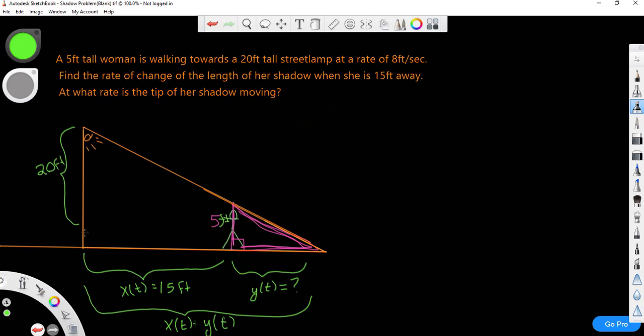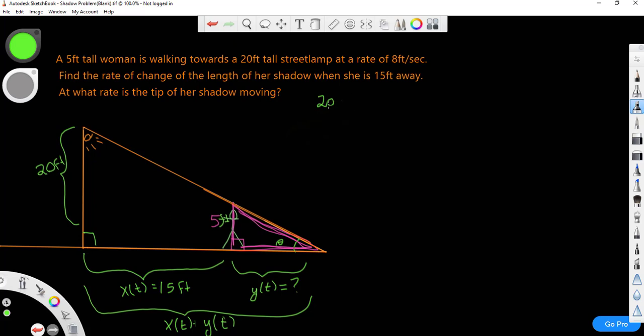Alright, so let's play with this a little bit. One thing I've noticed is that this is a right triangle and this is a right triangle, and they have the same angle here, theta. Something we know about similar right triangles is that they're proportionate. That is, if this is 20 feet and this is x plus y feet long, then they're going to have the same proportions as 5 feet to y of t.